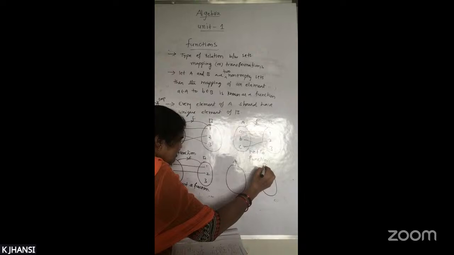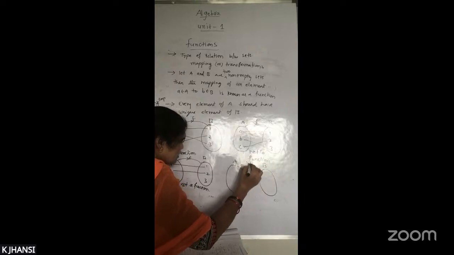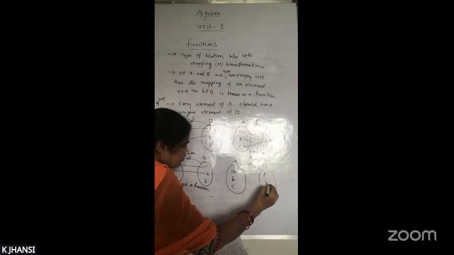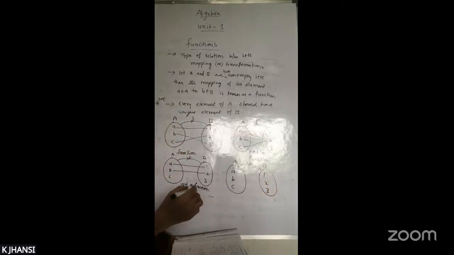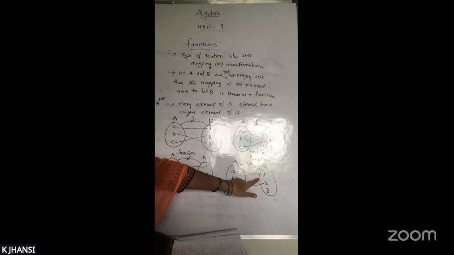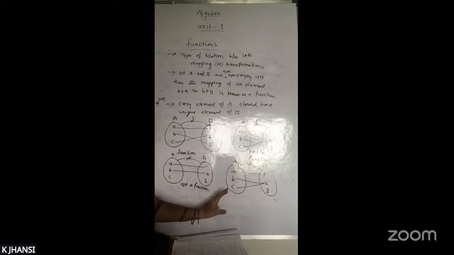If we have A, B, C and 1, 2, 3, like this we have all the elements in A, B, C having mappings. But here C in set B does not have any pre-image.